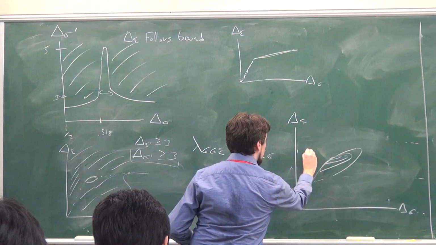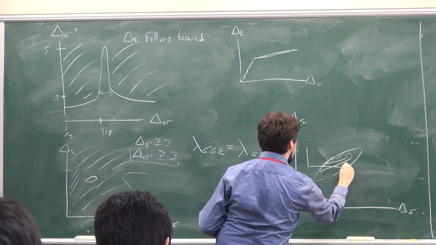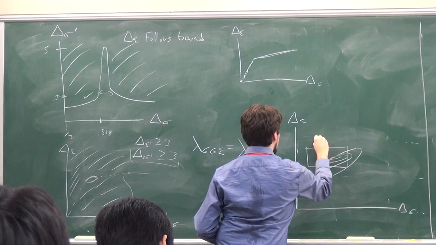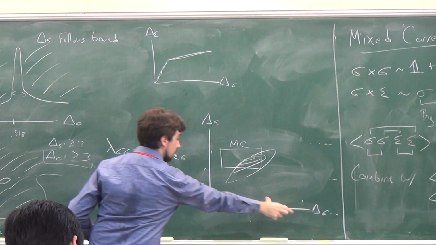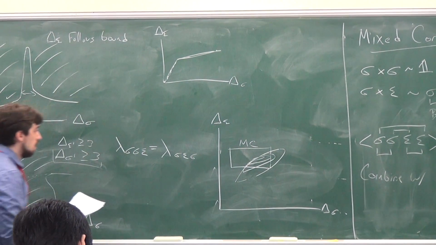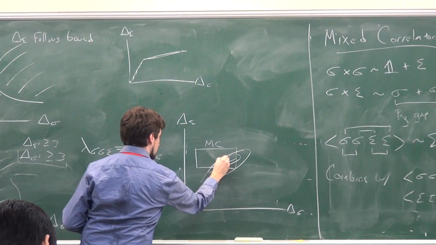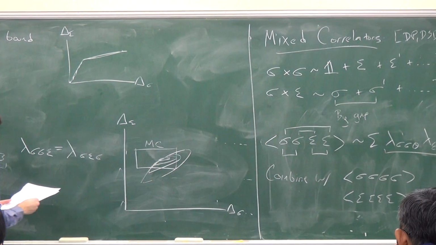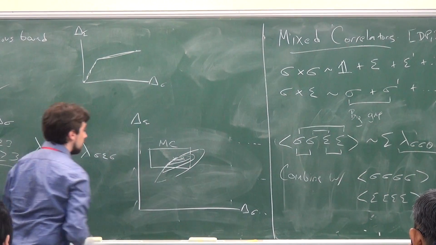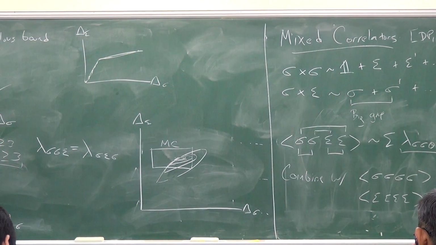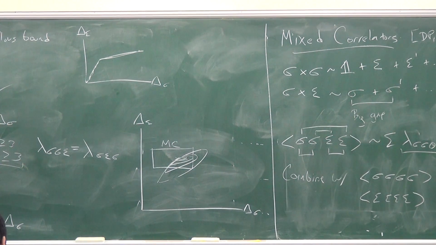And this can be compared with the best Monte Carlo lattice studies that have been done, which give you some rectangle, some error bars of delta sigma and delta epsilon. And now the best bootstrap determinations, which would be this innermost island, are about a factor of 10 more precise than the Monte Carlo.